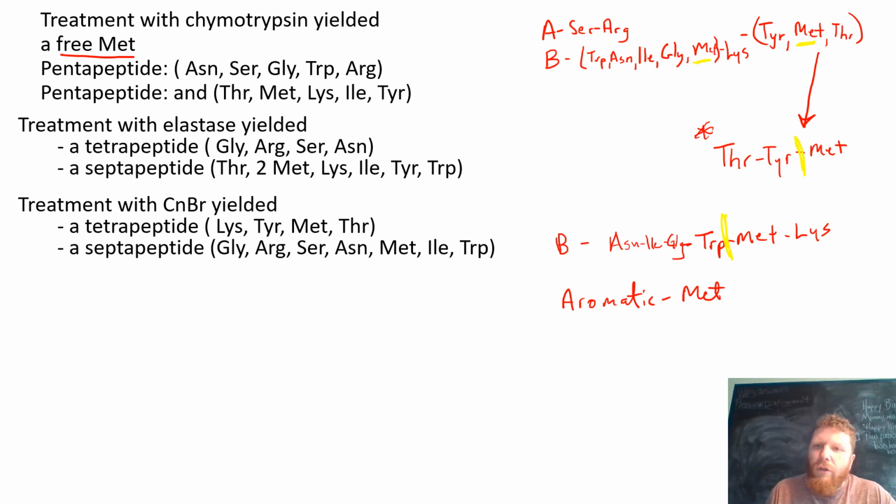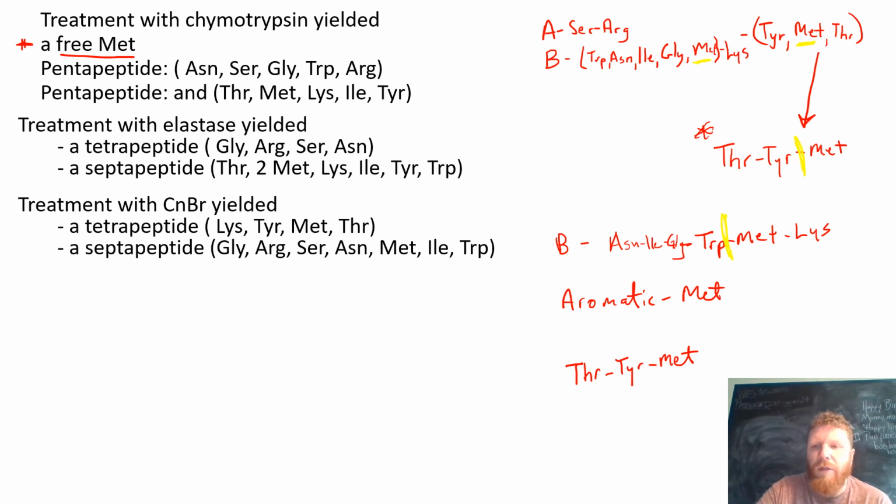So now what we can do with that information, and keep in mind, we're only looking at our free methionine here, we can deduce a little bit more about our peptide. We know that our C-terminal peptide has to be threonine, tyrosine, and methionine, because chymotrypsin is only going to cut after an aromatic residue, and whenever it does so with a C-terminal peptide here, it's going to liberate a free methionine.